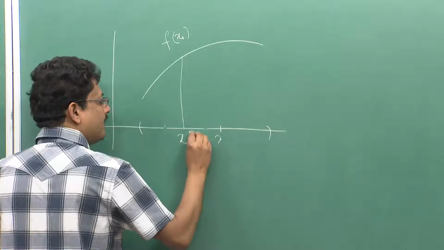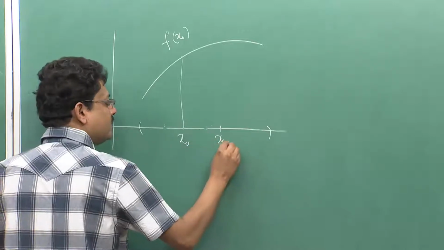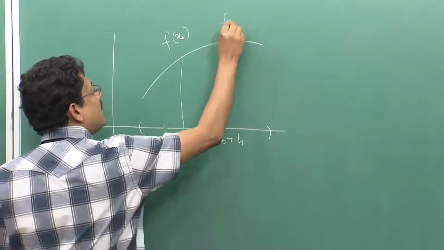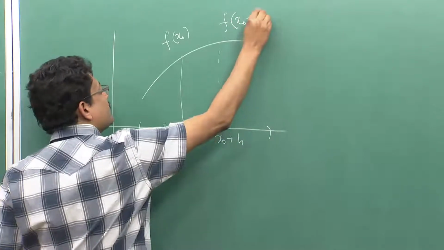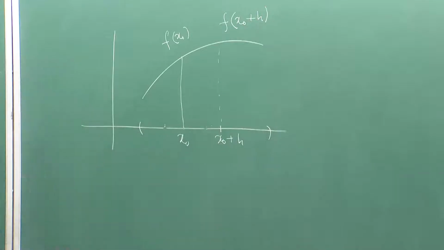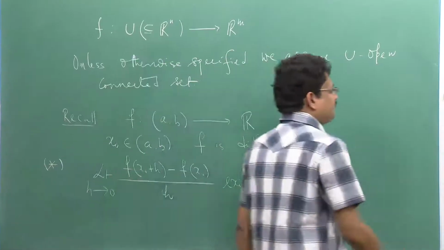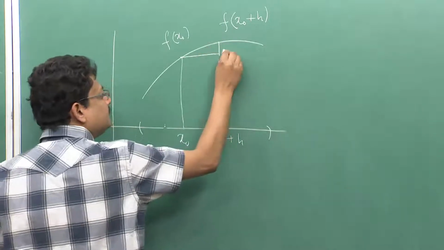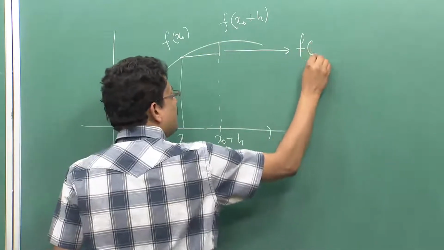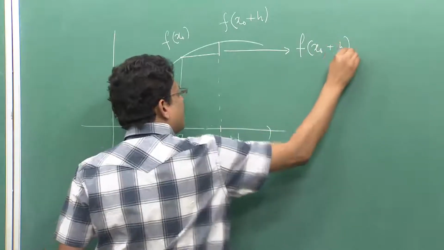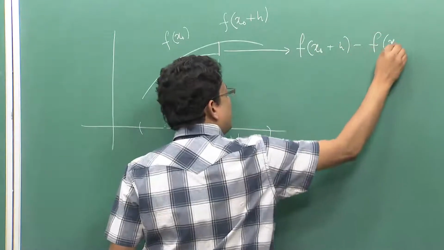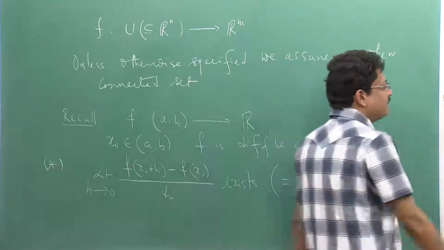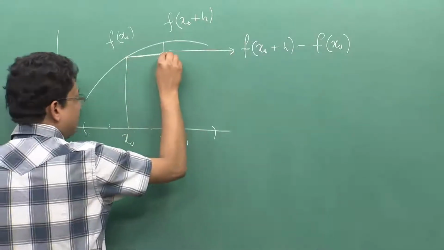So, this is the interval, length of the interval h, this is x naught plus h and here is your f of x naught plus h. Look at the numerator, this is precisely the difference, this. Correct. I am dividing by h, which is this length.